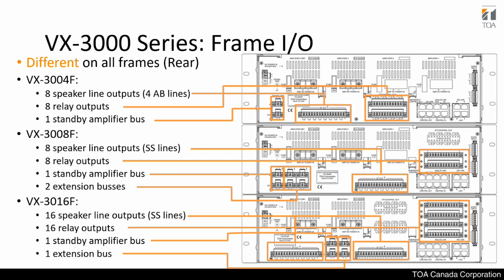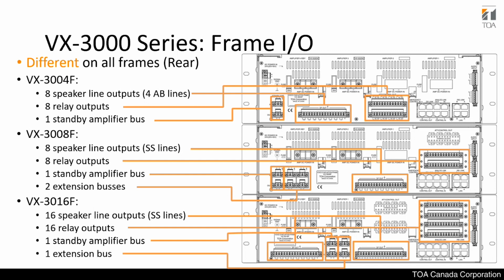These are A and B lines, so for one module there's a 1A and a 1B, so it's split into two. This is just to avoid too much wiring going on to one module. It also has 4 relay outputs, as I mentioned earlier, and a standby amplifier bus, which you can connect to another amplifier in case you want a redundant amplifier for failover.